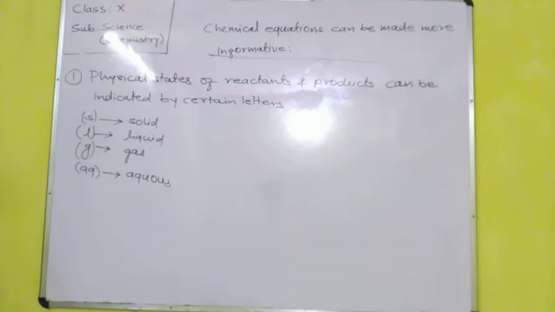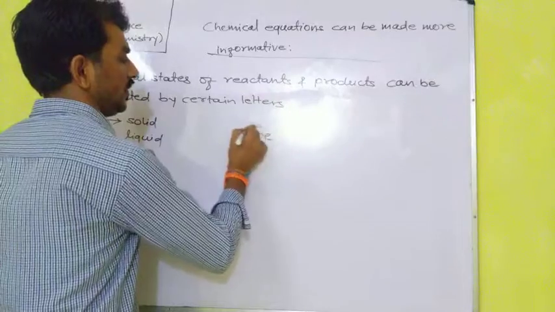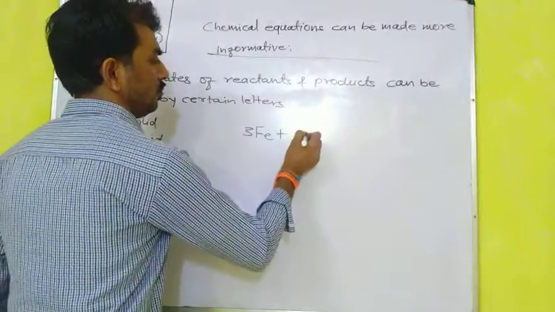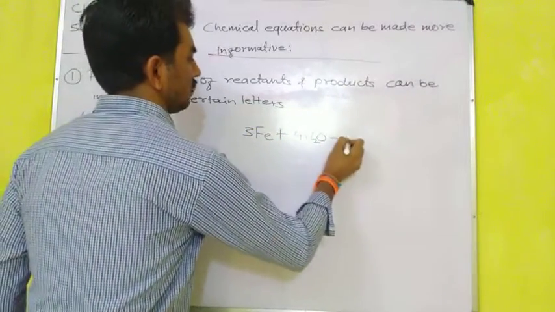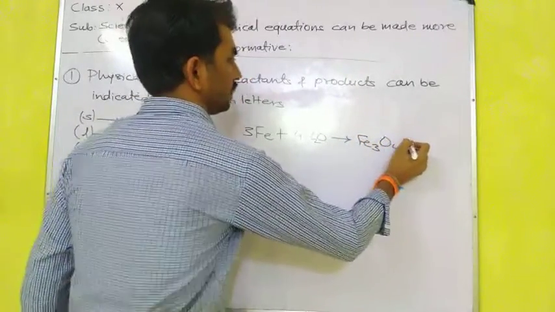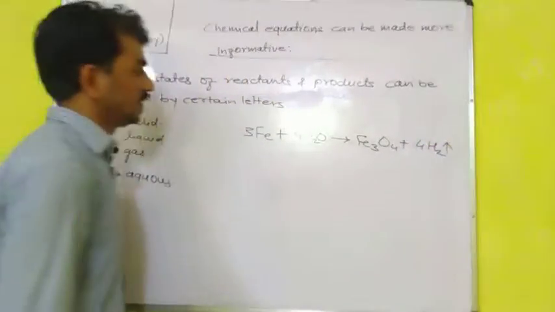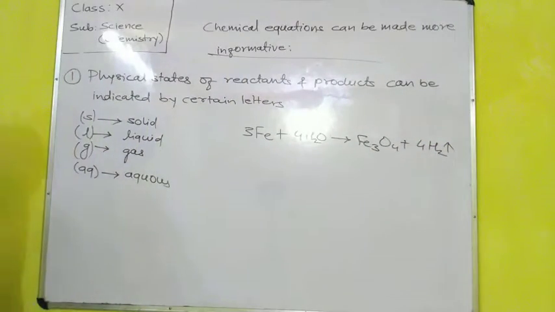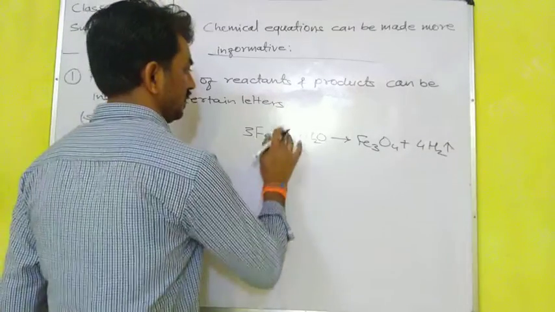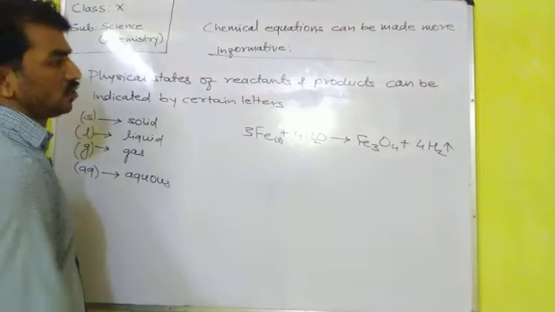For example, Fe plus H2O, that equation which we have balanced: 3Fe plus 4H2O is equal to Fe3O4 plus 4H2. Here in this equation, iron is present in the solid state, s stands for solid state.